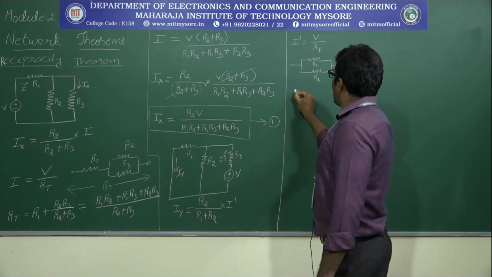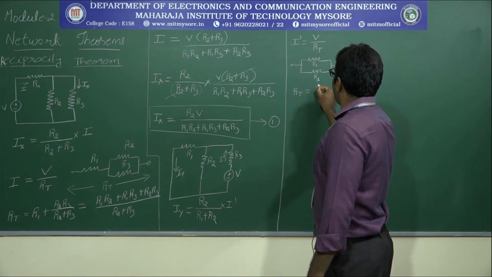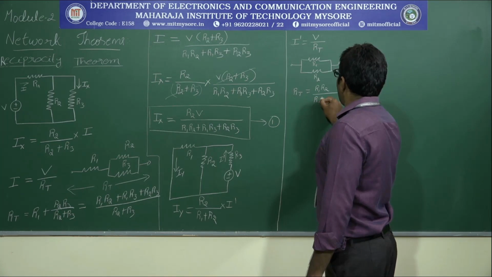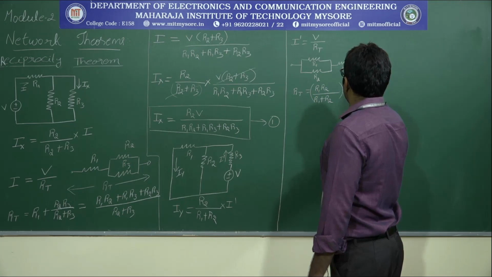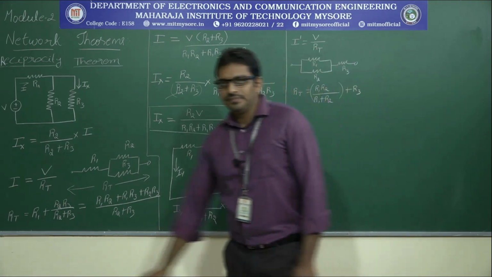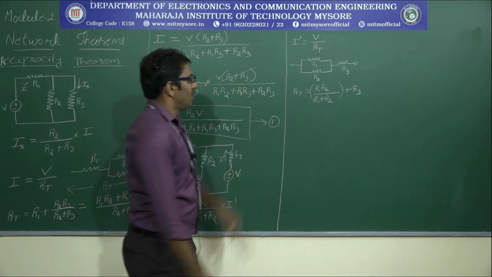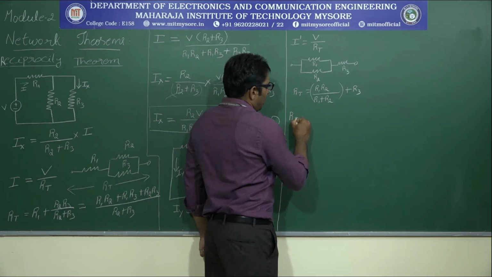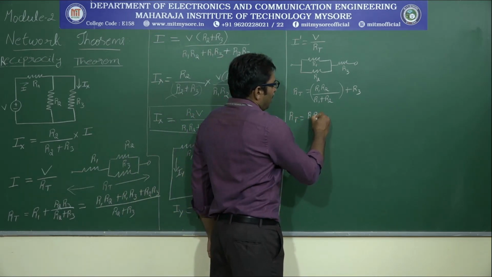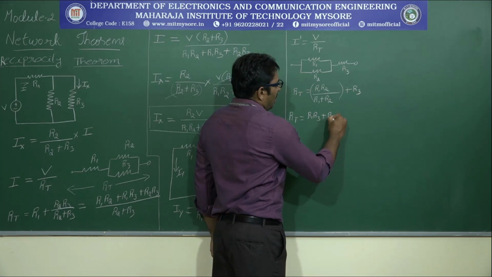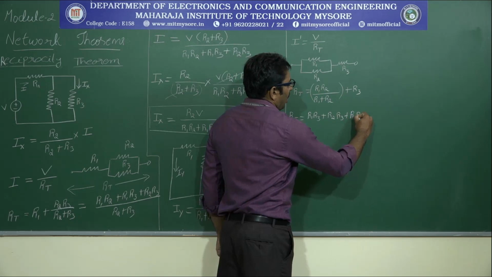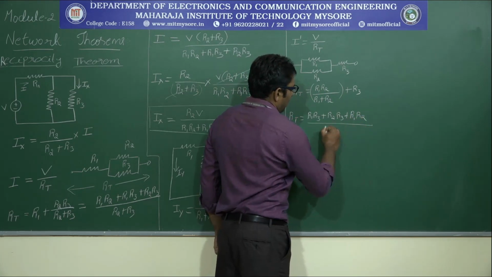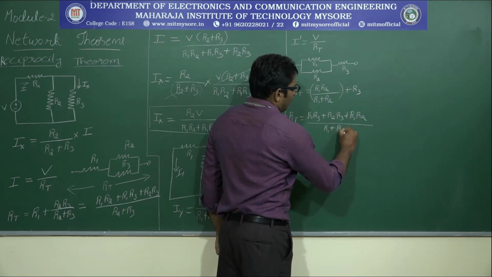Therefore, what is RT? RT is equal to R1 into R2 divided by R1 plus R2, the entire combination in series with R3. Is it clear? Just simplify this RT equation. RT is equal to R1 R3 plus R2 R3 plus R1 R2, the whole divided by R1 plus R2.